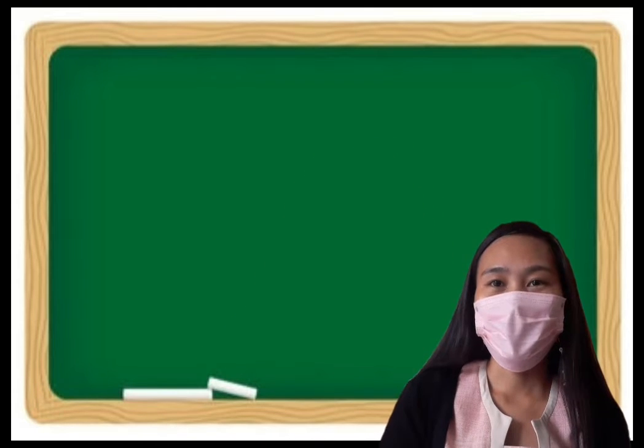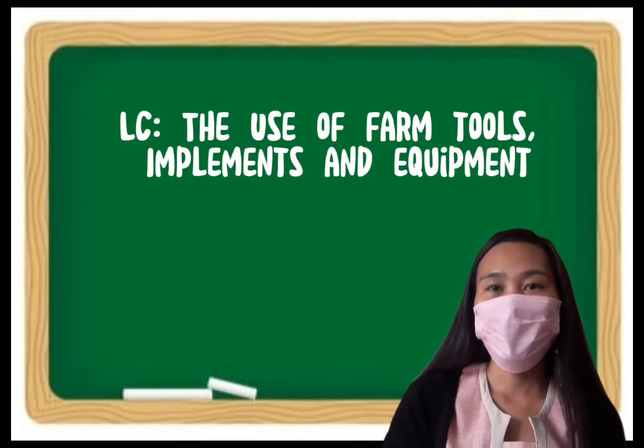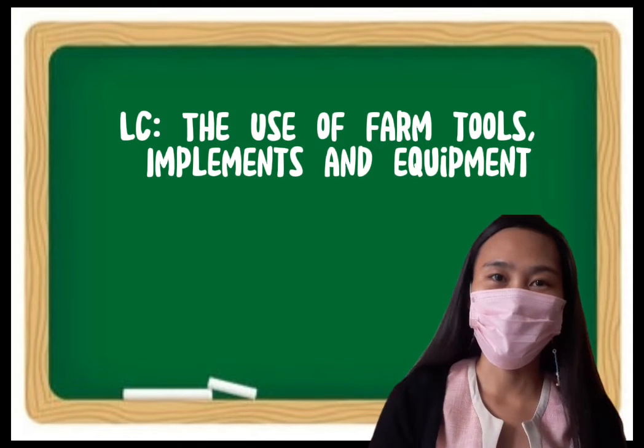Okay, class, based on the activity that you did, what have you observed or what do you think will be our topic for today? Yes, Tricia. Very good. Our topic for today is all about the use of farm tools, implements, and equipment.